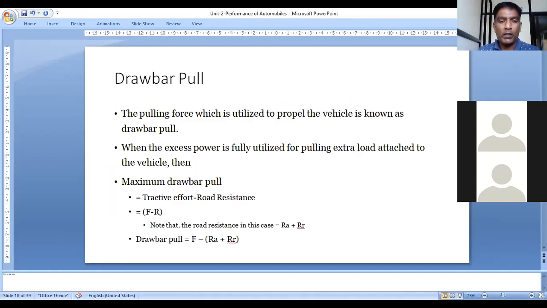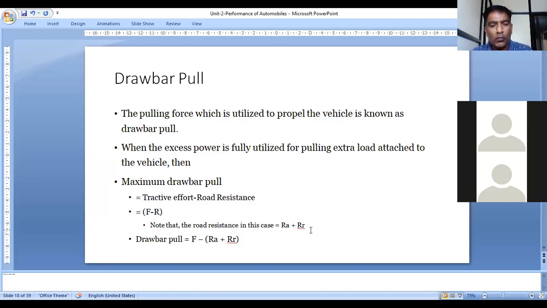Then we have seen drawbar pull, which is the pulling force utilized to propel the vehicle. That force we are going to call a drawbar pull. There is one relation with which we can calculate maximum drawbar pull: the algebraic subtraction of tractive effort and the road resistance.